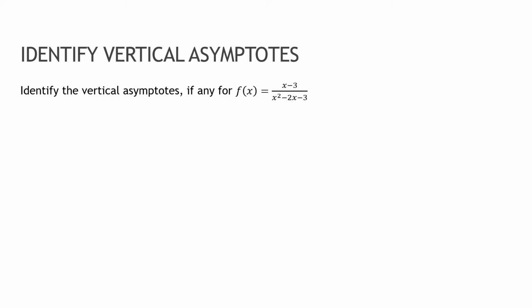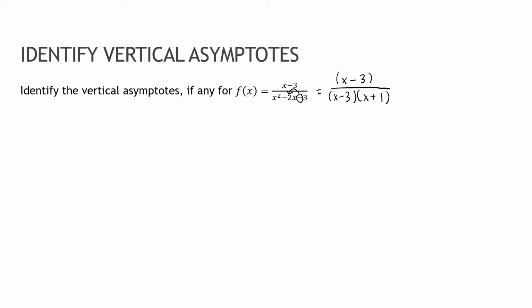Here's my next example, and I'm going to start it the same way, by factoring. So I'm going to leave my x minus 3 on top. My denominator, I'm looking for numbers that multiply to negative 3 and add to negative 2. So I'm going to use negative 3 and positive 1 because those add to negative 2 and multiply to negative 3.